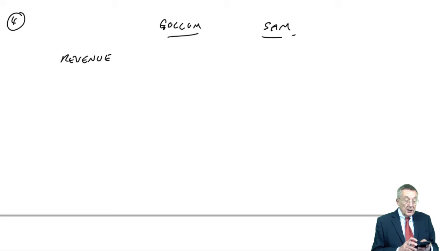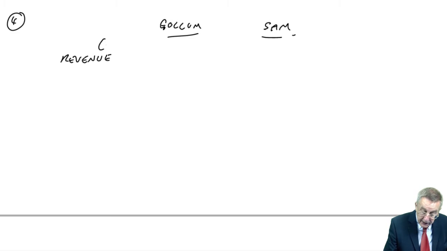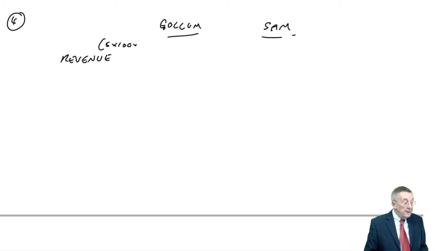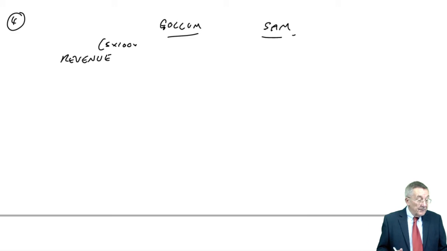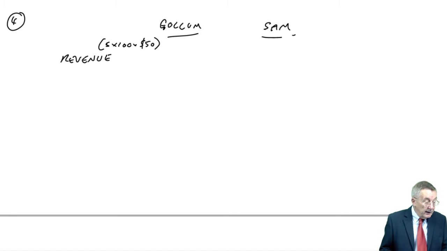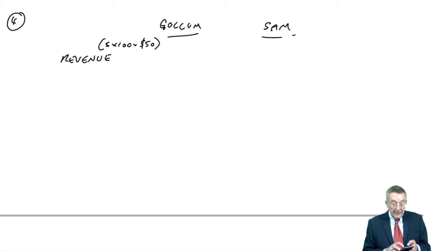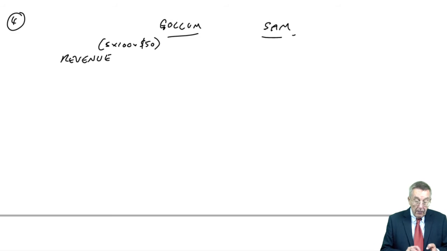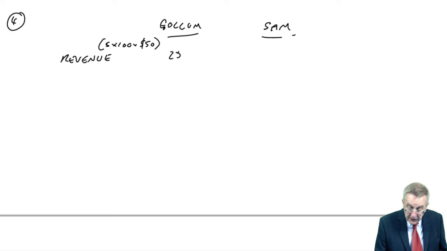So they're ordering in total, 5 orders, 100 pairs, so 500 shoes. And the revenue before discount, I'll show the discount separately, it's $50 in the first line, the list price. So 500 at 50, 25,000.